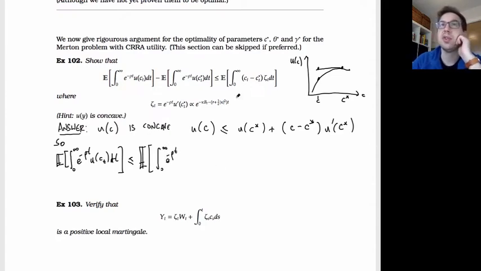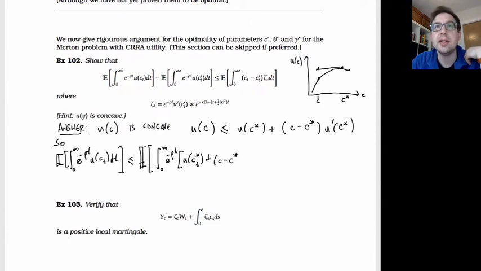Now I substitute in this, so we get u of c star of t plus (c minus c star) at time t, and I've forgotten one thing, the derivative here, sorry: u dashed of c star of t, and now all of that dt.